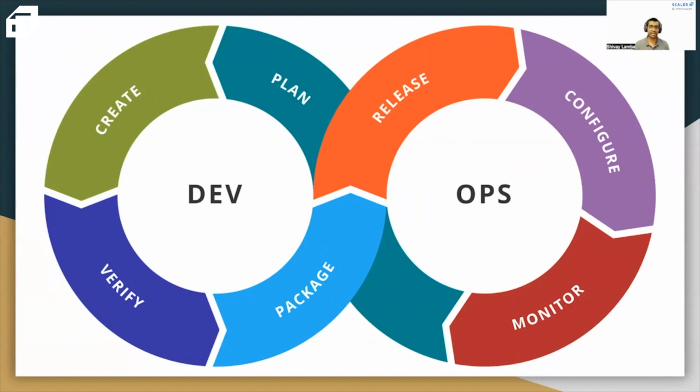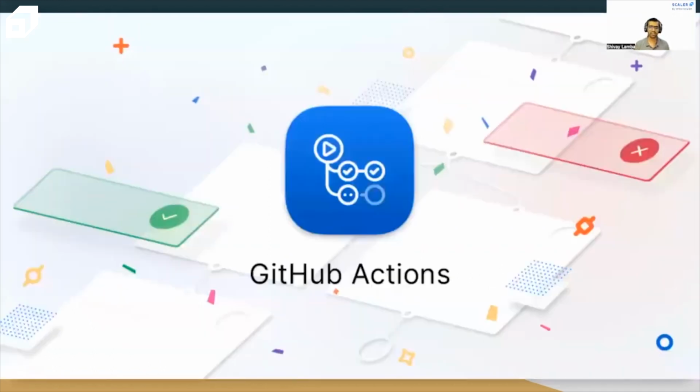And once you've done the release, to ensure that the release was done properly, we also have management in that. So there are a lot of different tools that help you monitor the performance of your application, to see how well the application is performing under sustained workloads. All of that can be managed with the help of DevOps. So without wasting any further time, that brings us to GitHub Actions.